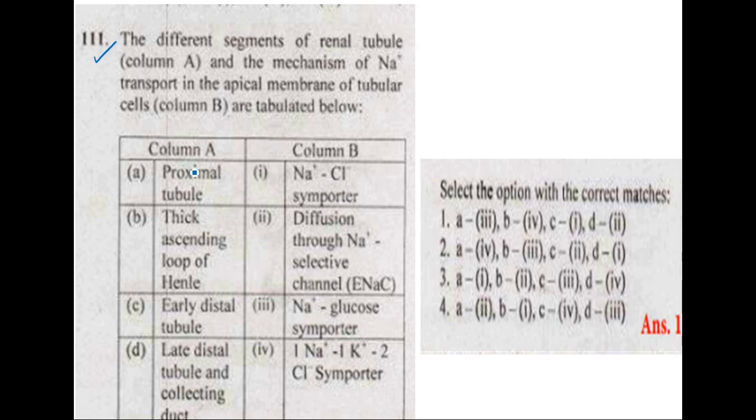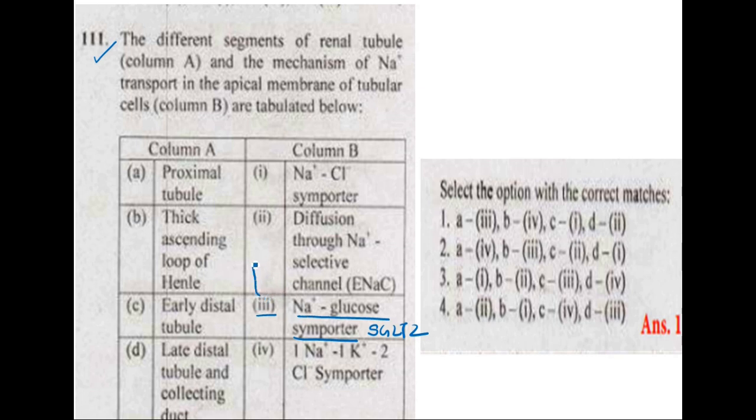Next question, two columns are given and we have to match the following. In the first column, different parts of the renal tubule like PCT, loop of Henle, distal tubule, collecting tubule are given, and in column B different types of transporters are given. If you see the third option, it is written sodium glucose symporter, that is talking about SGLT2.